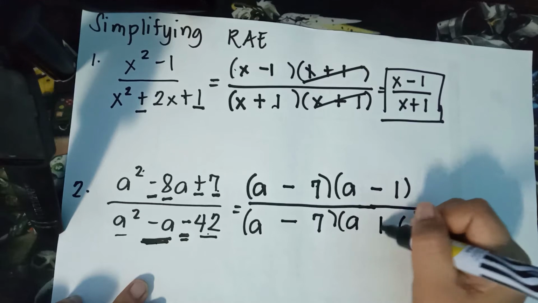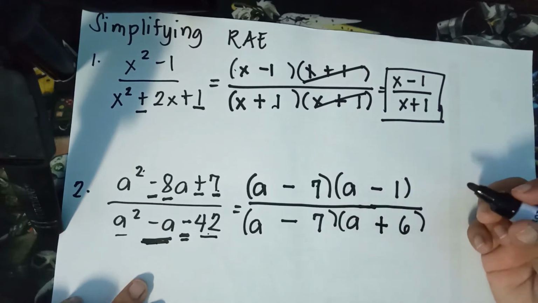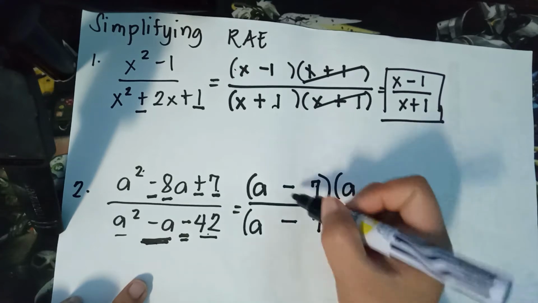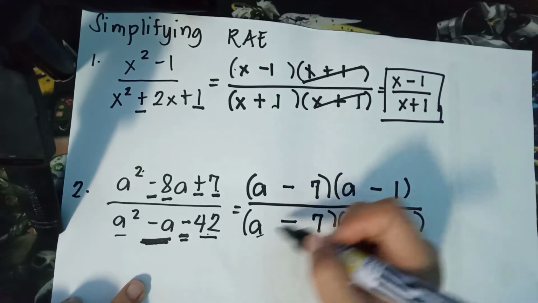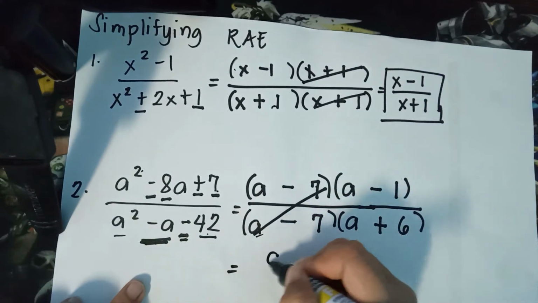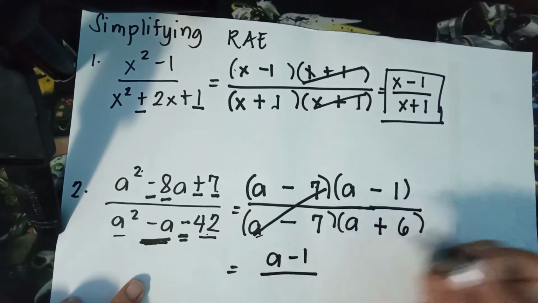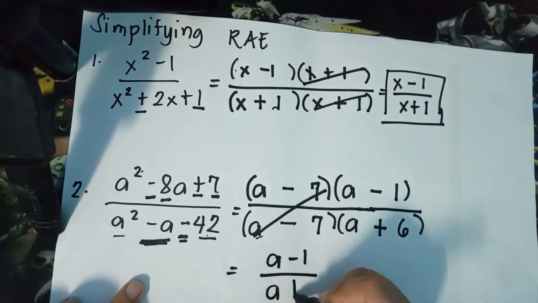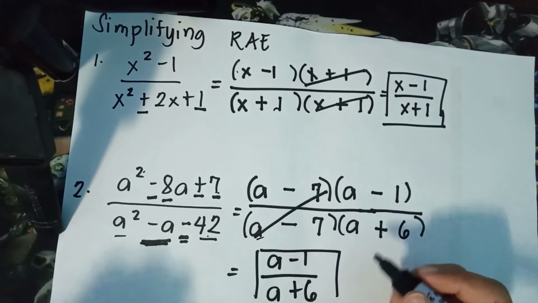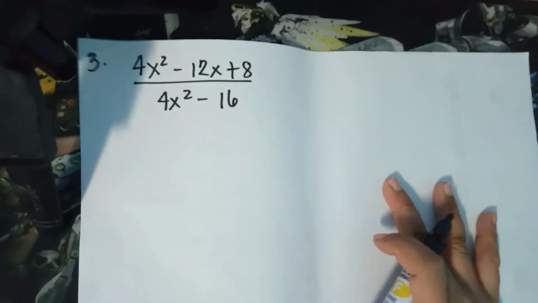And the other one is positive. Next, cancel out the common factor. a minus 7 and a minus 7 cancel out. And the final answer is a minus 1 over a plus 6. That will be our final answer.